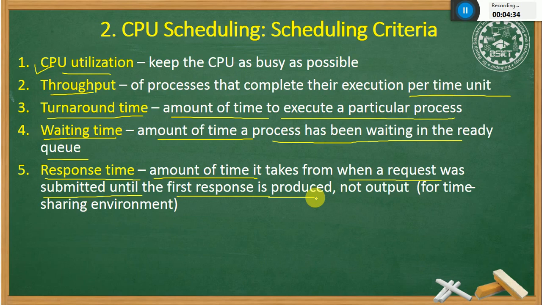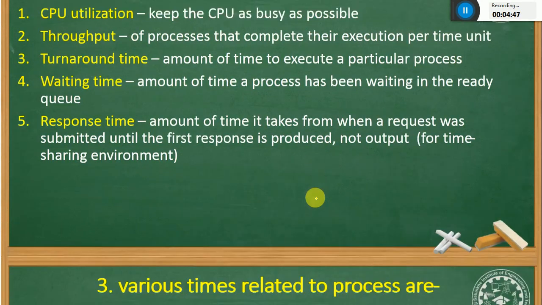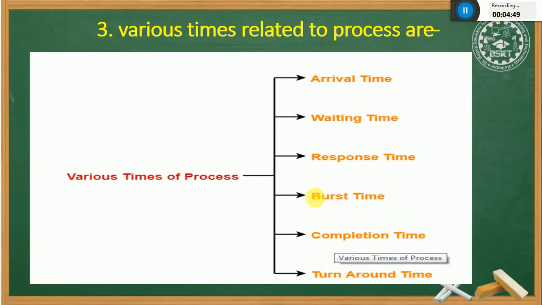So these are the criteria of CPU scheduling. CPU utilization must be high, throughput must be maximum, and turnaround time, waiting time and response time must be minimum for a very efficient system.